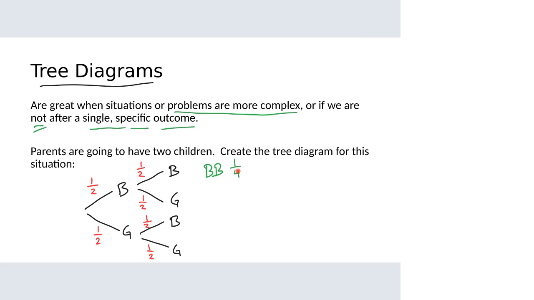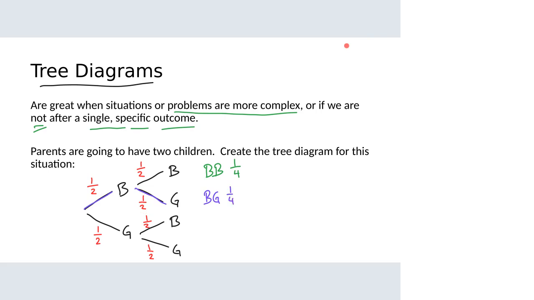We're going to do this with every path on the tree diagram. We could have boy followed by girl. If we follow that path, then we have boy followed by girl. The probability of boy followed by girl is what we get when we multiply the probabilities along that path. 1/2 times 1/2 is 1/4.